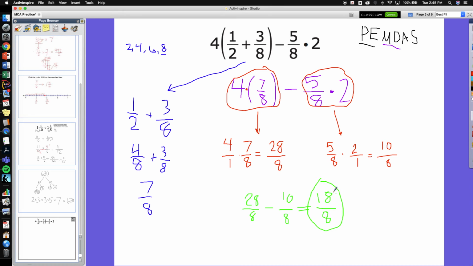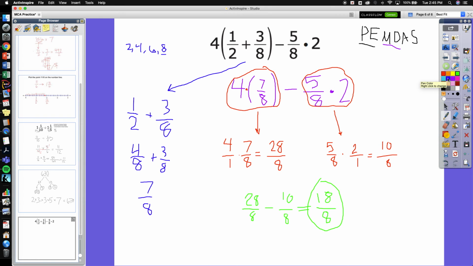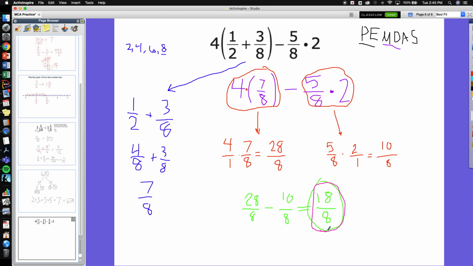So we have to take this and simplify it more. We have to turn it into a mixed number and make sure it is simplified all the way down. So to do that, we need to think about how many eighths we have here. If there's 18 of them, I think, okay, well, 8 of those eighths can make one whole.